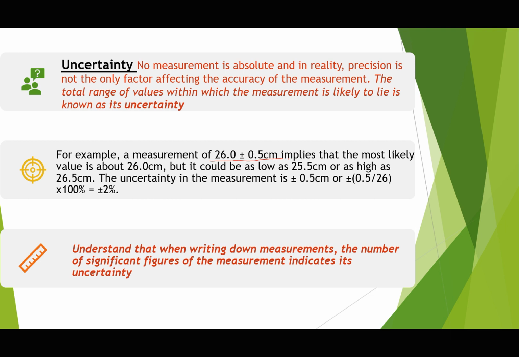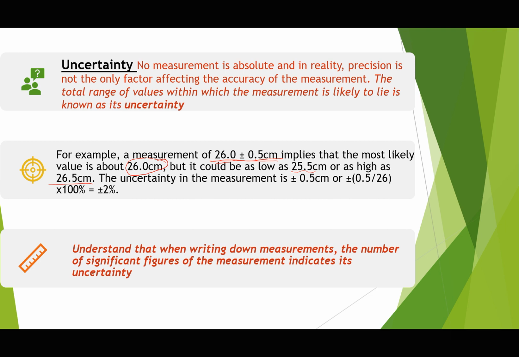This measurement implies that the value can be as high as 26.0 plus 0.5, which gives 26.5, or as low as 26.0 minus 0.5, which is 25.5 centimeters. But the most likely expected value is the one I have quoted, 26.0 centimeters.